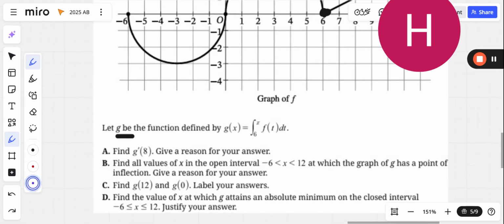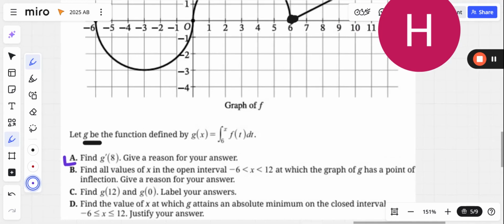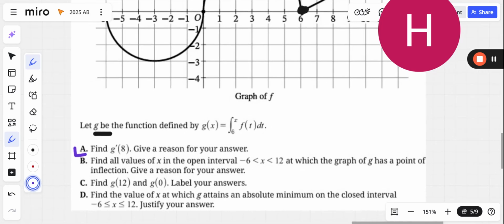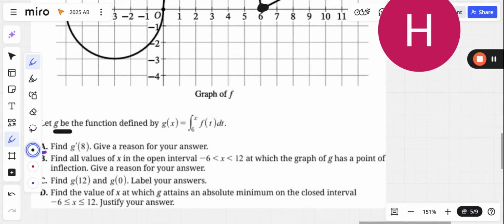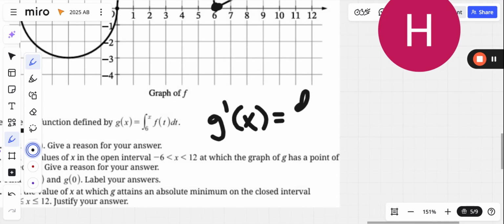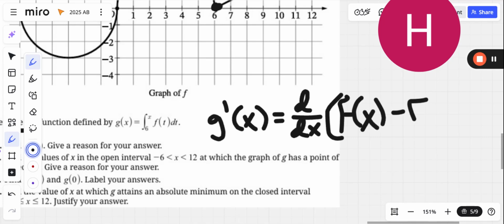All right, let's start with g prime of 8. G prime of 8 is going to require us to use the second fundamental theorem of calculus. So here we have g prime is simply going to be the derivative of f of x minus capital F of 6.